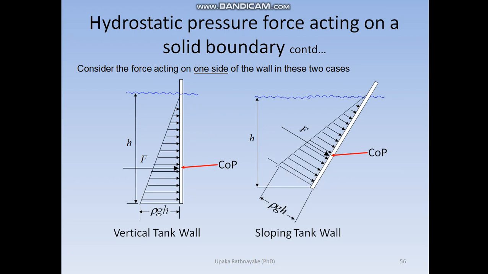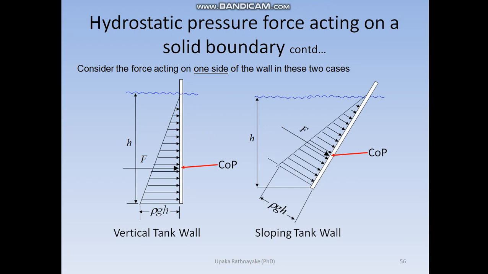Now, we'll start our analysis based on the vertical wall submerged in a liquid column. So we are not really looking at the inclined plane at this moment. We are only looking at the vertical wall. Now, we know from our previous study on the hydrostatic pressure that the pressure varies with the height.